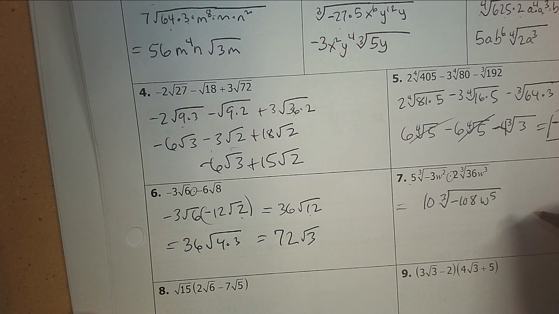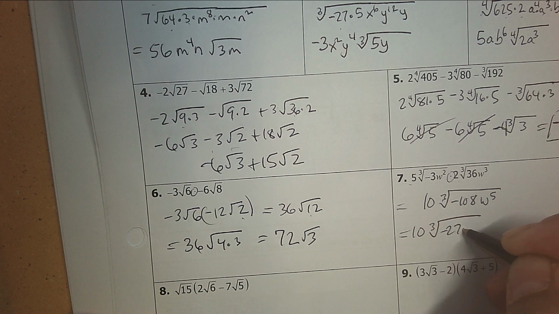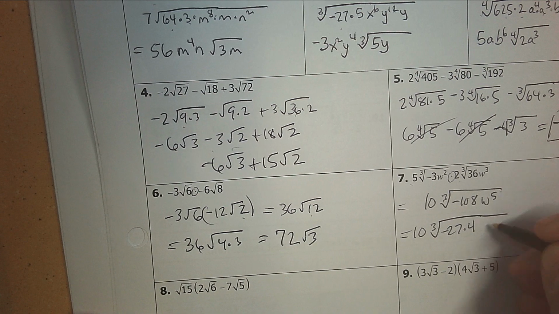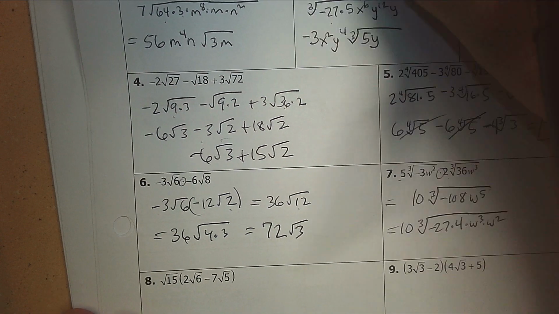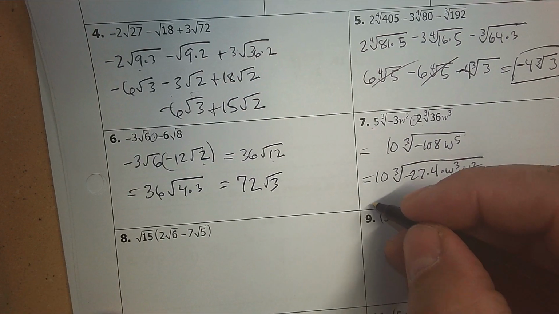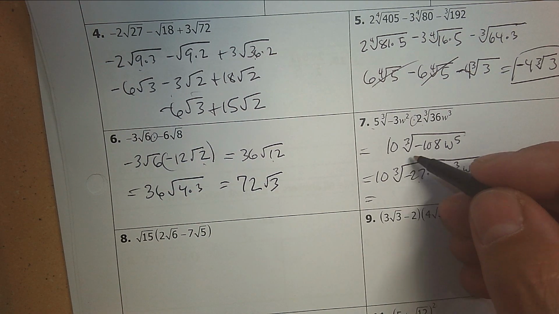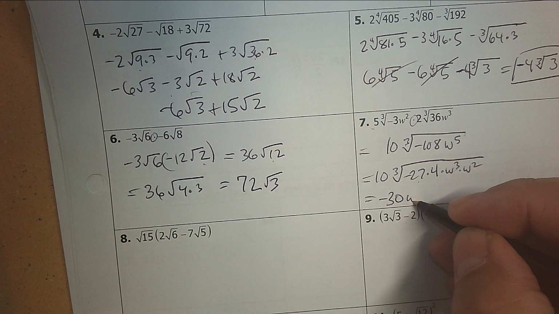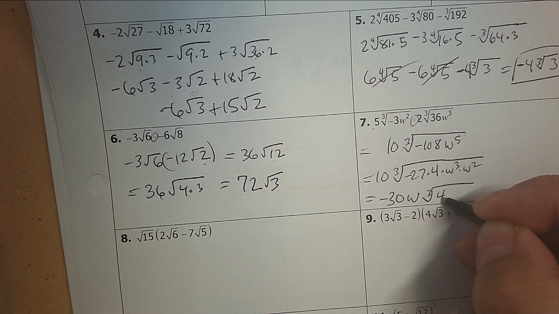Negative 108 can be written as negative 27 times 4. w to the 5 can be written as w cubed and then w squared. This way I can simplify it. So the cube root of negative 27 is negative 3, times 10 is negative 30. The cube root of w cubed is just w, and then what's left over is 4 and w squared.